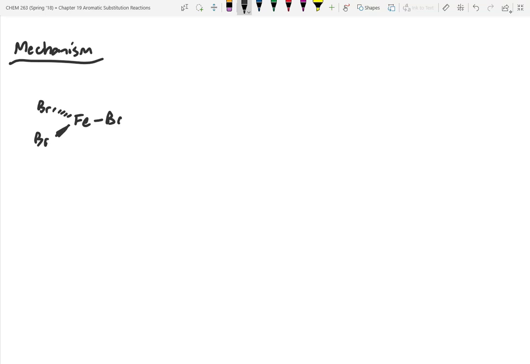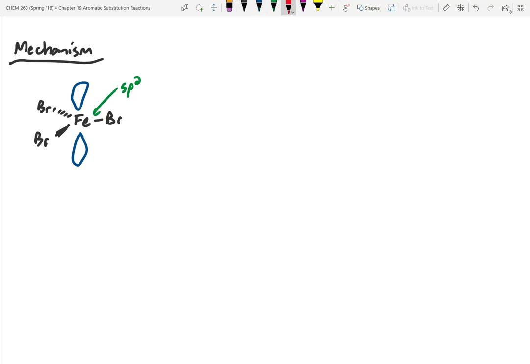What hybridization must it be? sp2, right? So it must be an sp2 hybridized iron, which means it must have a p orbital, right? There's no electrons in this p orbital. It's an empty, vacant p orbital, which means it really, really wants electrons. It's unhappy because it doesn't have an octet right now.